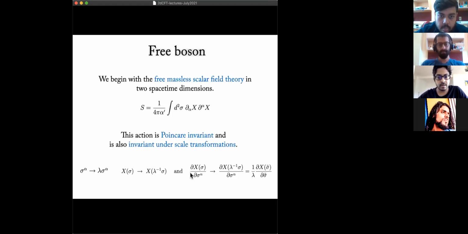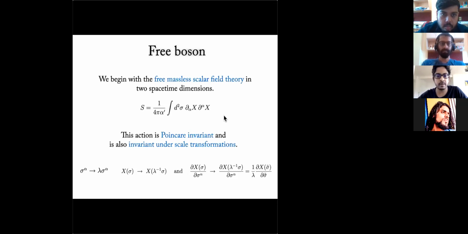And this derivative picks up a factor of 1 over lambda. So there will be two factors of 1 over lambda from these two parts, and there will be a factor of lambda squared from this measure. Those cancel each other, and you'll see that this action is actually scale invariant.